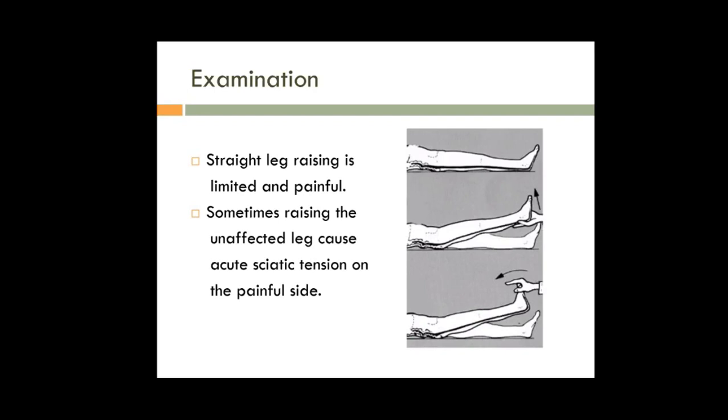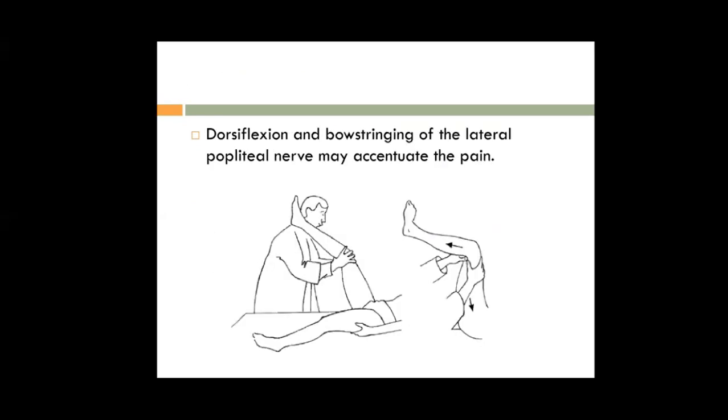The aim of this test is to do tensioning over the affected nerve root. When the nerve root is compressed by the disc herniation, and at the same time you do more tension to the nerve root by tensioning the sciatic nerve when you do straight leg raising, patients will have more symptoms because the irritation will become more. To exaggerate this motion, we have other tests like doing dorsiflexion of the ankle.